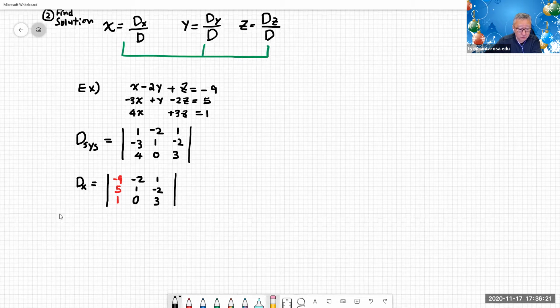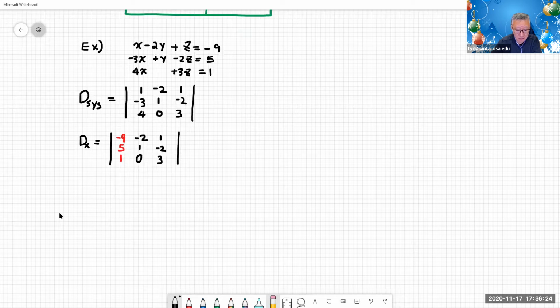All right, so next one, we're going to look at the determinant for y. Again, we're going to replace the y column with the constant column, but the other ones stay the same. And the minus 9, 5, and 1. Then 1, minus 2, and 3.